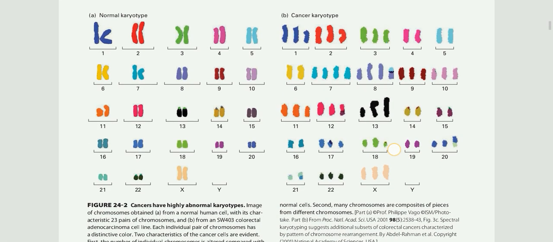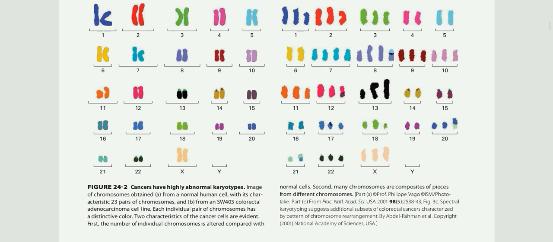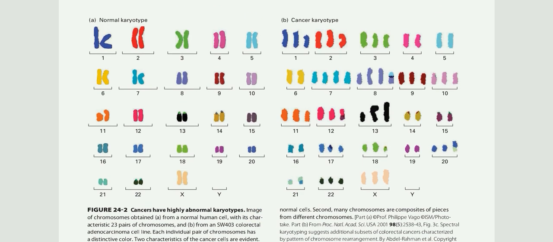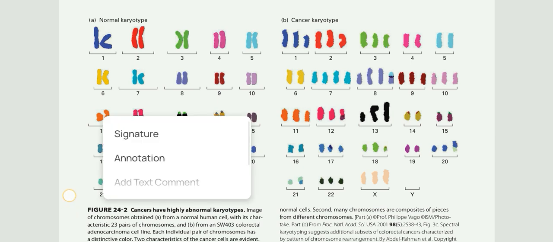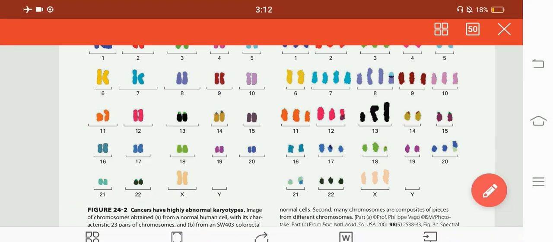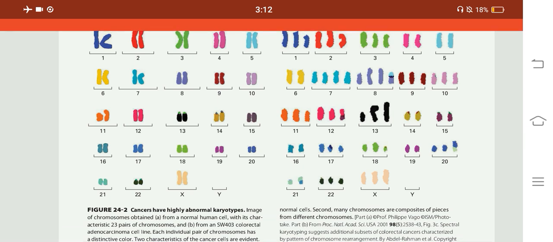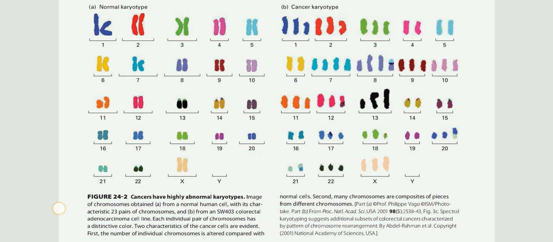When we look at this picture, we can see cancers have highly abnormal karyotypes. This is an image of chromosomes obtained from a normal human cell with its characteristic 23 pairs of chromosomes, and from an SW403 colorectal adenocarcinoma cell line.